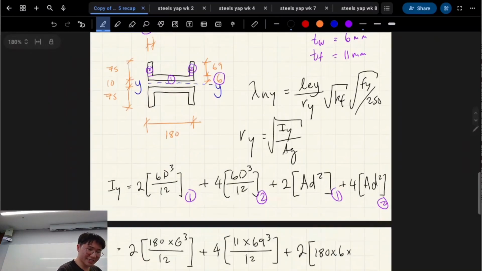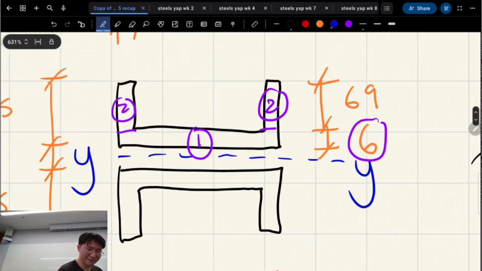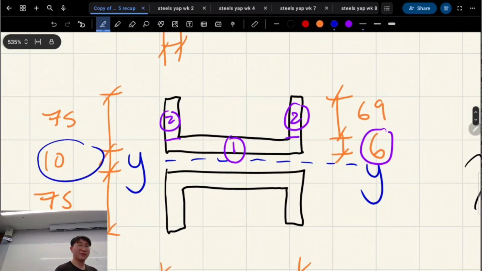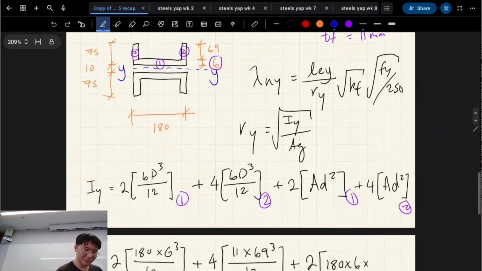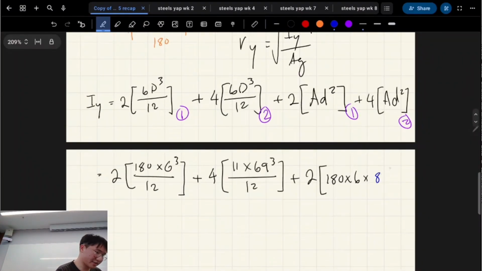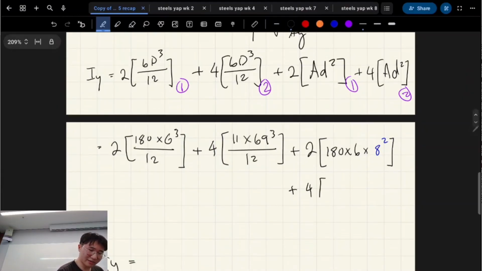Now we just have to think about how much we shift it by. Remember, this opening between the 2 parallel flange channels was 10, so we go up by 5, and then another 3 to reach the middle of that shape. So the amount we shift is going to be 8 mil squared, because that's the formula.